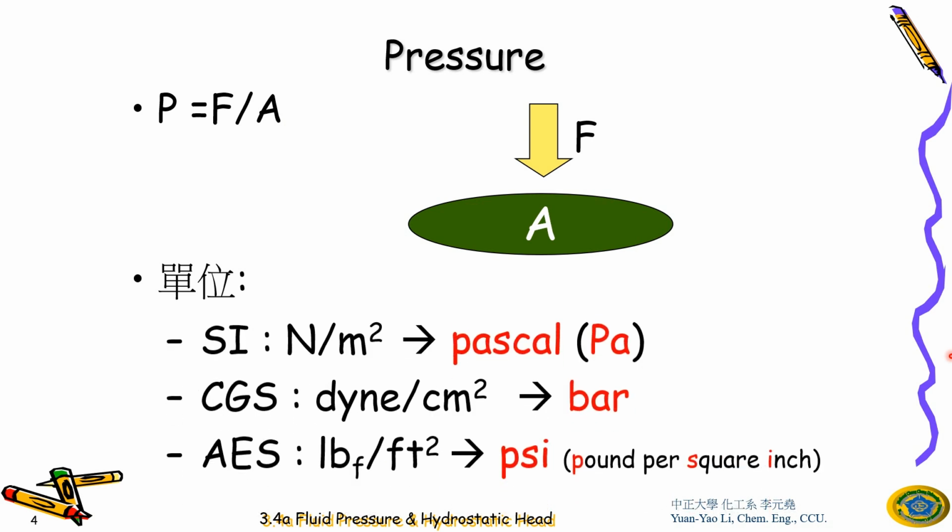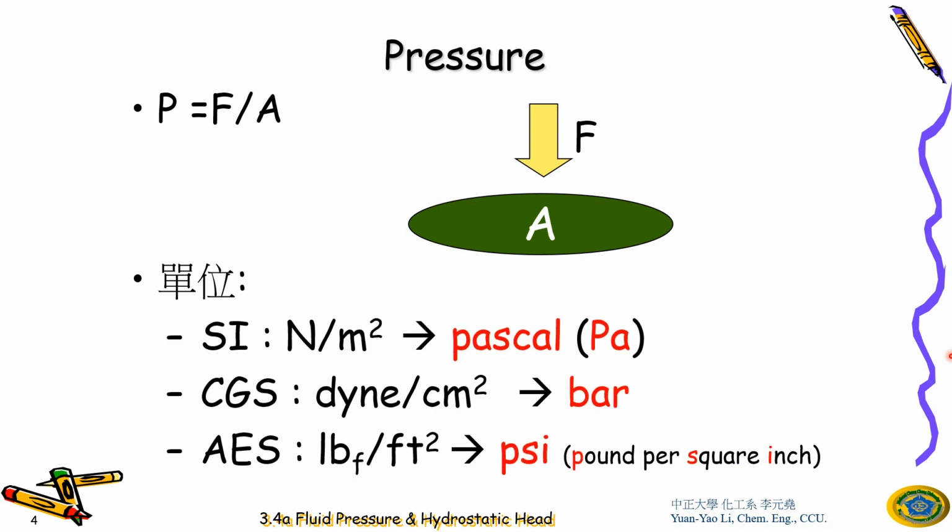For different systems of units, like the SI system, we use Pascal, Pa for short. And CGS uses the dyne per square centimeter.